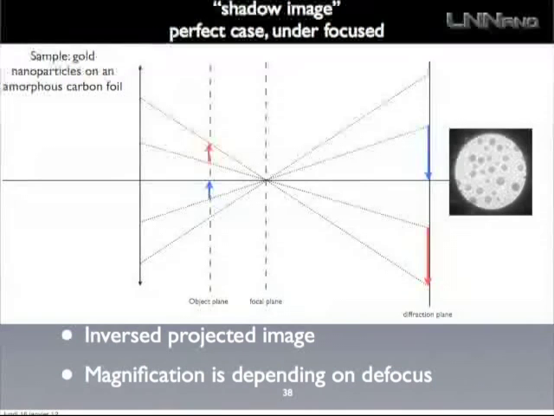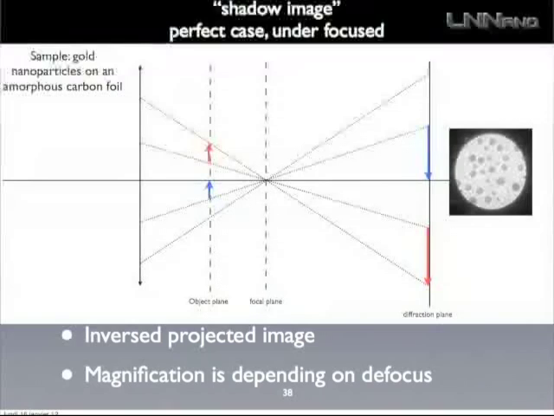It's not even geometric optics, I'm sure a kid could do that. You will just have an image of this object inverted and magnified. And the magnification of this image will, of course, depend on the relative position of the object plane and focal plane. Nothing mysterious.